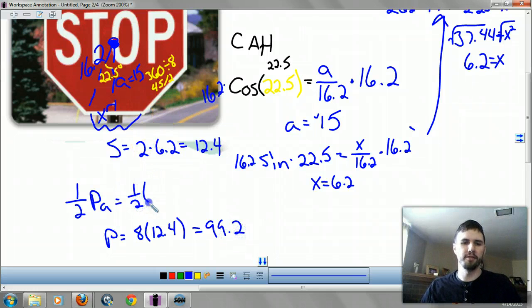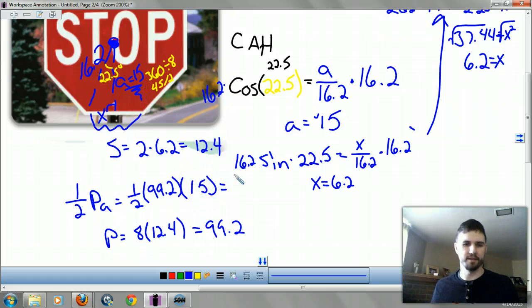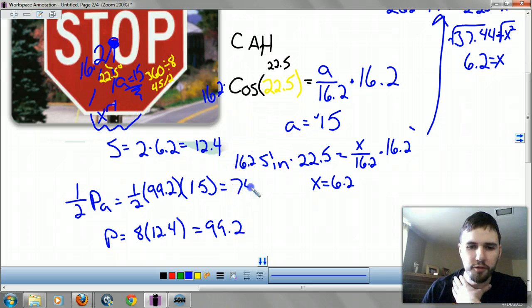So I go 1/2 times 99.2, times my apothem, which is 15, and I get 744 square inches.